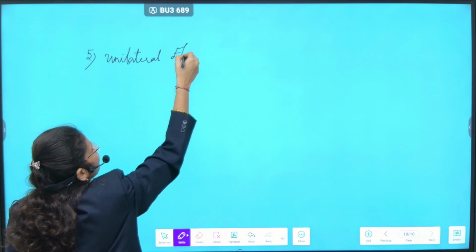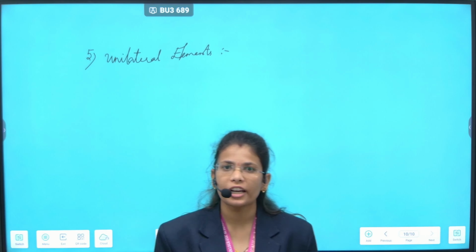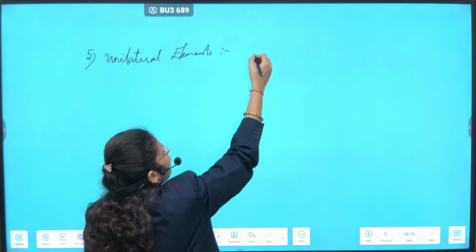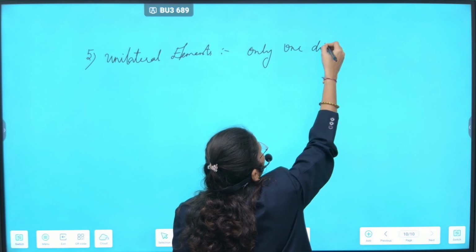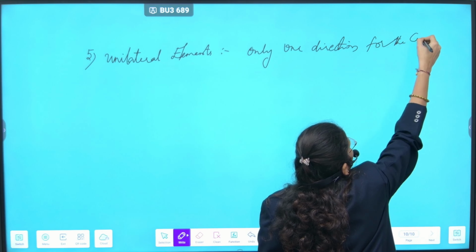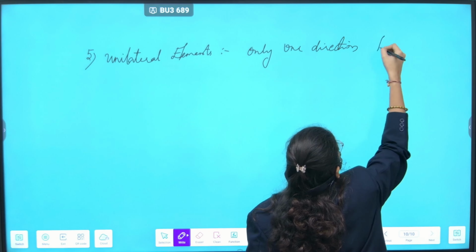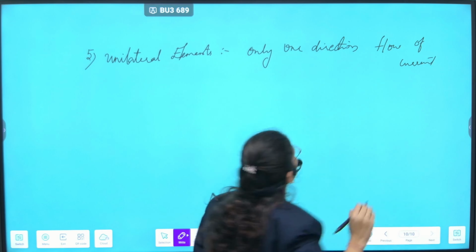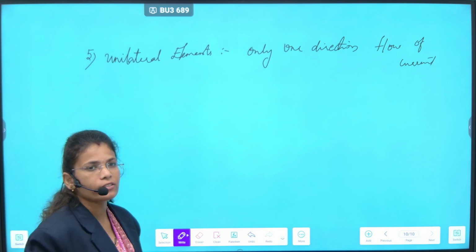Next, unilateral elements. The elements which allow the current to flow only in one direction are called unilateral elements.